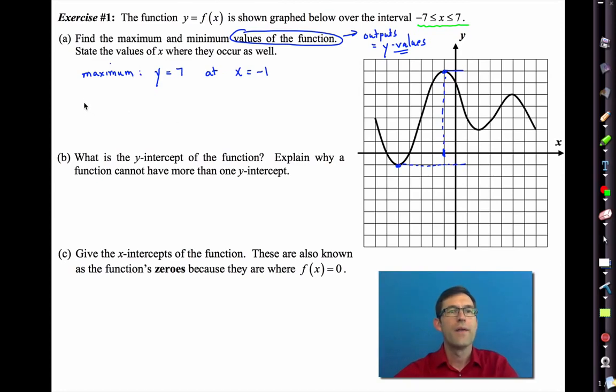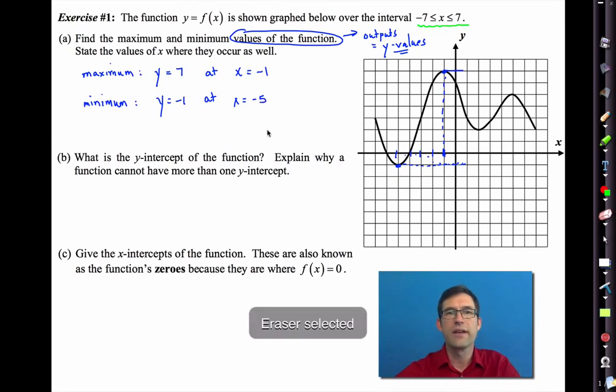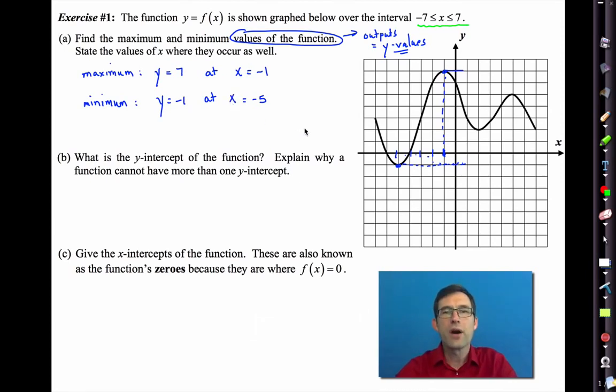On the other hand, the minimum, or the lowest y value, is y equals -1 at x equals -5. That doesn't quite look like an x, so I'm going to just get rid of it there. There we go. So whenever we talk about the values of the function, we're talking about y values.